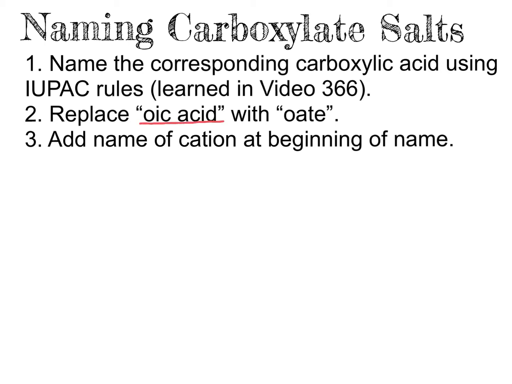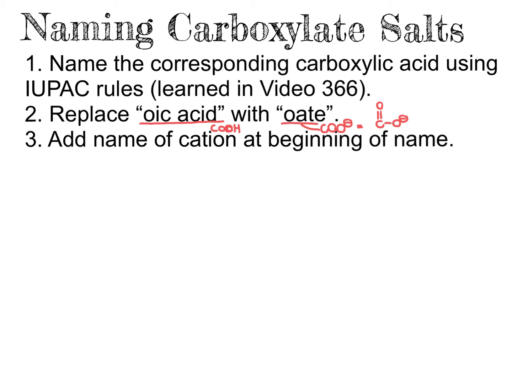So rather than oic acid, which is our telltale sign that we have a COOH group in the molecule, instead the ate suffix denotes that we have a COO-, that is a carbonyl group directly bonded to an oxygen anion in our structure. And then finally, since these are salts, they have a counter ion, a cation, that goes with the negatively charged oxygen.